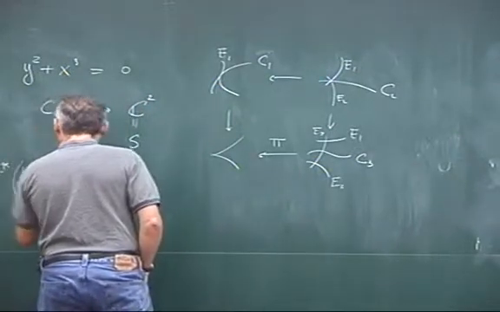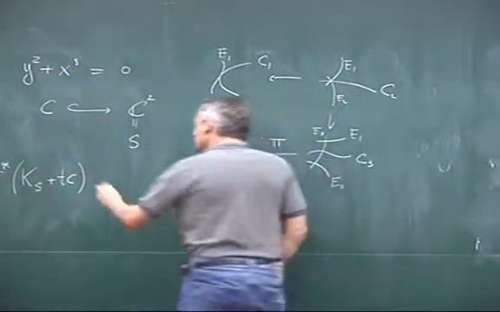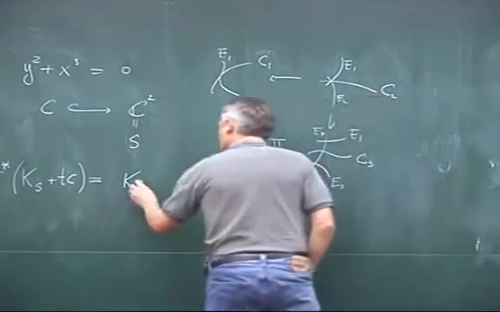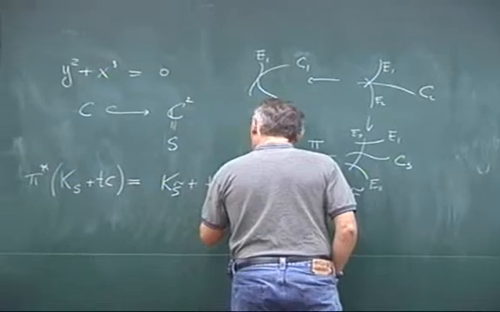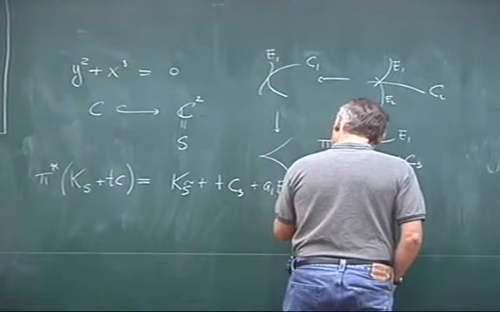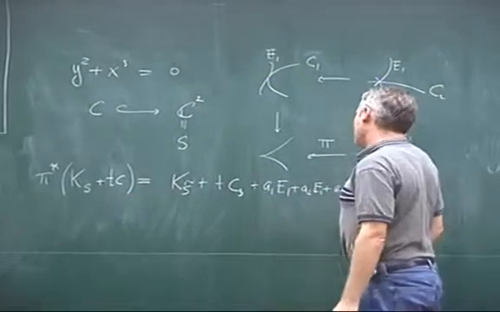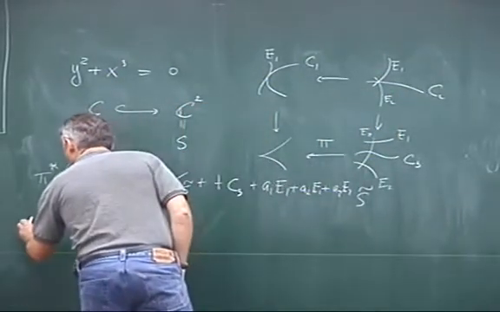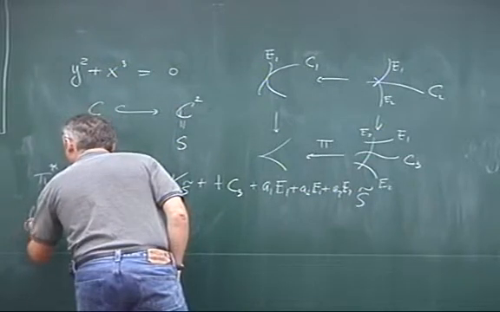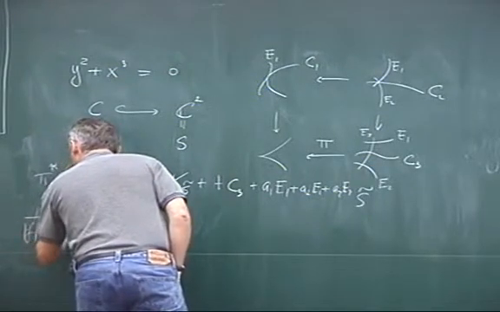pi star of K_S plus C, of course. So I put in this parameter t, and then I get K_S tilde, let's say, plus t times C tilde, plus a bunch of numbers times E1, E2, E3, and then this is the log canonical, so here, f, 1 over f to the 2t is integrable.